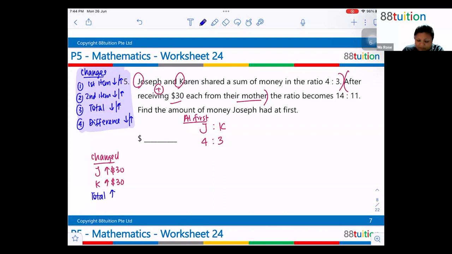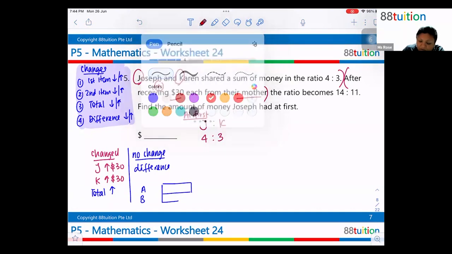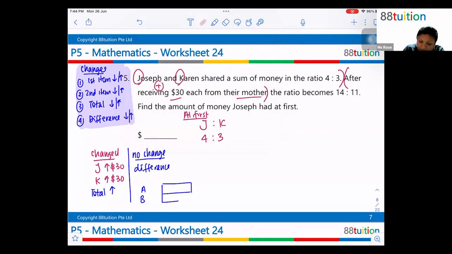What will happen? One of them will not change. Which one will have no change? Anyone? Very good, Shambhavi. So the difference has no change. Okay? Can you understand the difference or change? Now, if you can't see this, I'm going to represent, let's say I have A and B. A has more than B. Then they receive, so I add on.